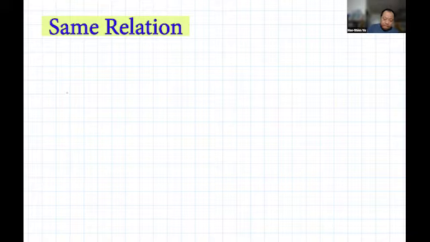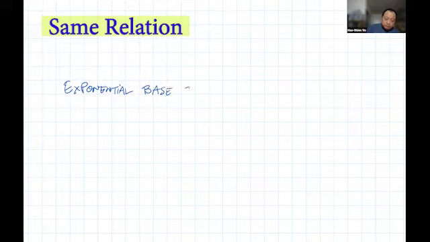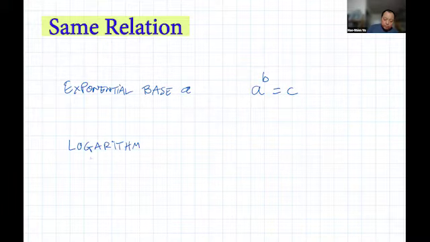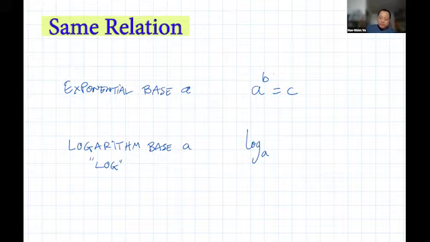So in an exponential of base a, we'd write things like a to the b is equal to c. If we're going to switch it around, we're going to get logarithm, which most people would just say as log, base a. And these two numbers switch places.